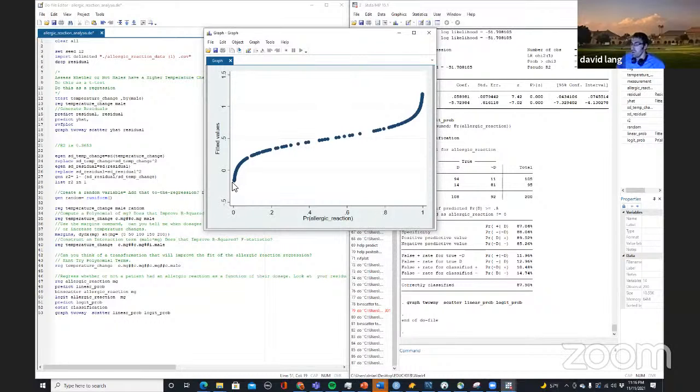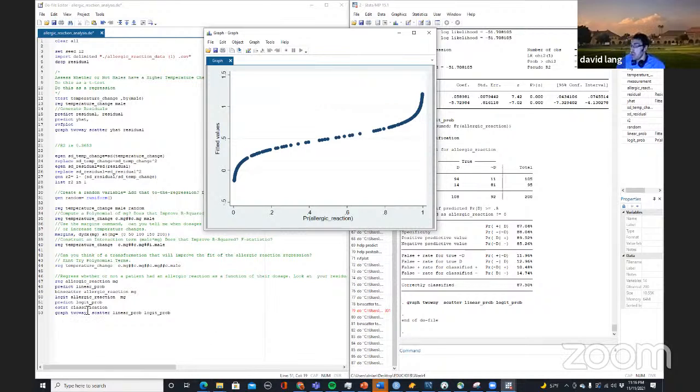So when we plot our logit probabilities on this x-axis and our linear probabilities on the y-axis, you can see that nice S shape. And the logit model, again, on this x-axis is bounded between 0 and 1. And that's nice because you just have probability.